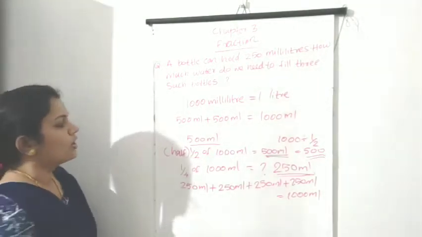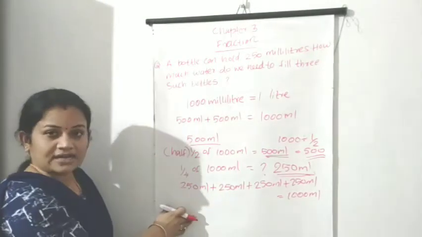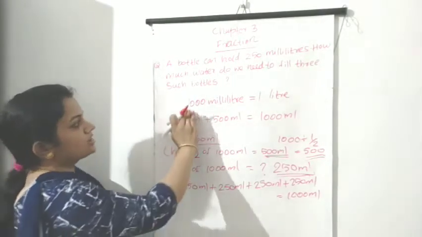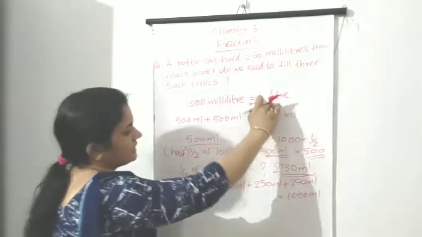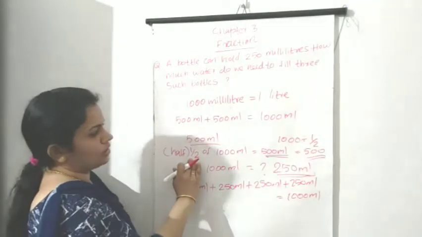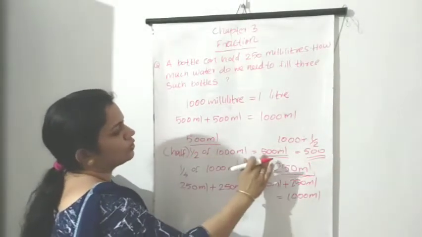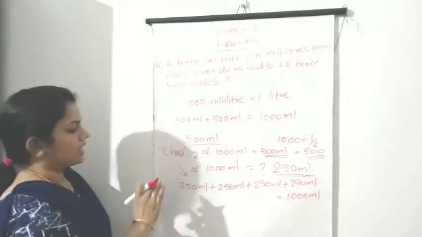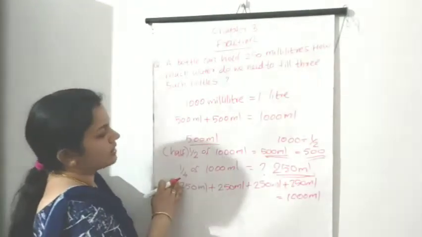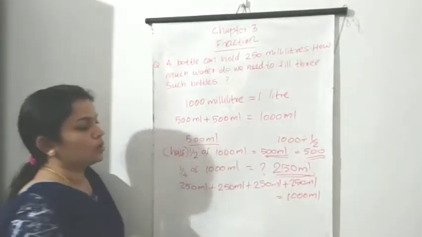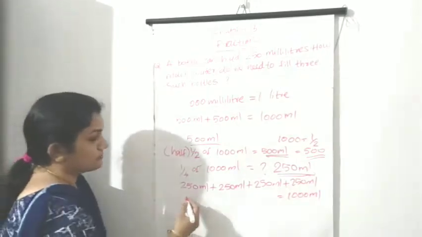Understood? So in the basics of these fractions, we can study 1000 milliliter equal to 1 liter, half liter equal to 500 milliliter, then 1 by 4 liter equal to 250 milliliter.